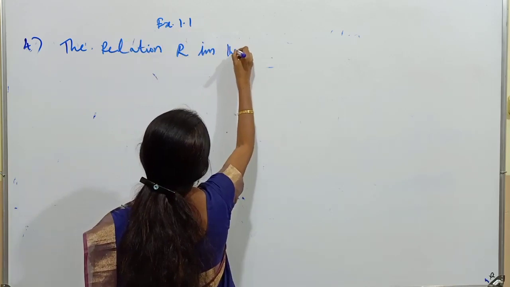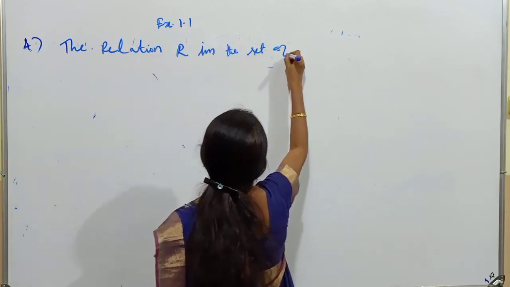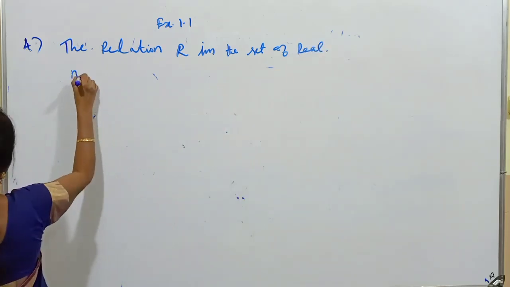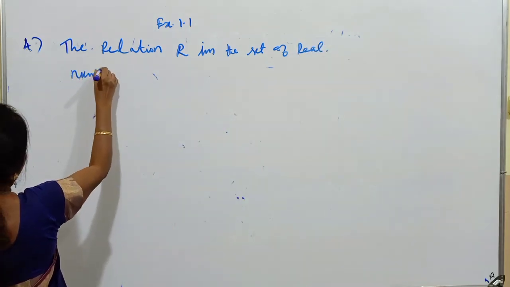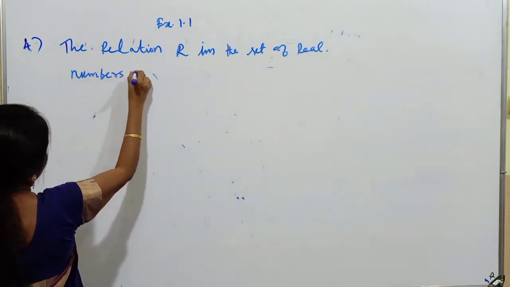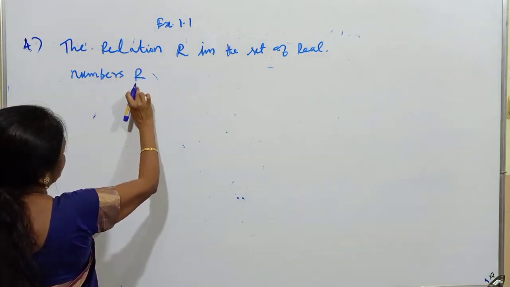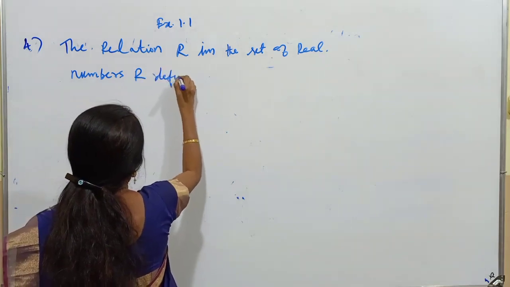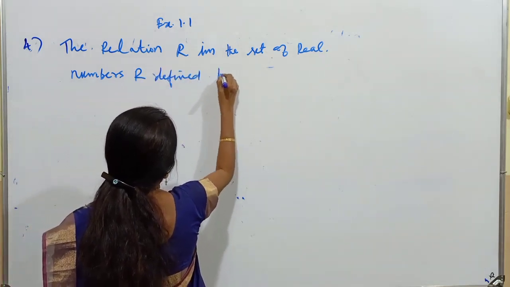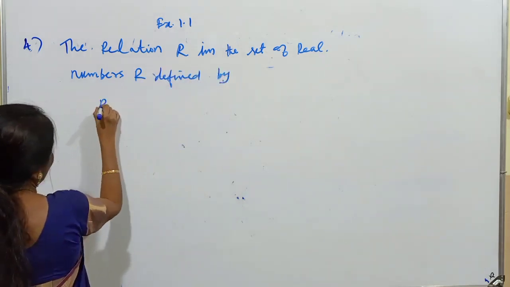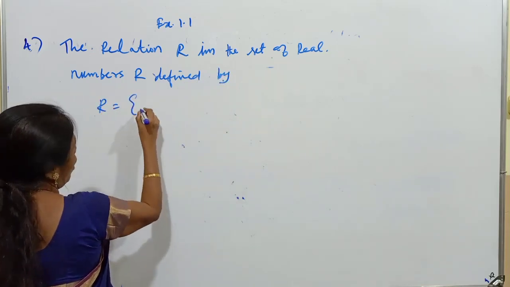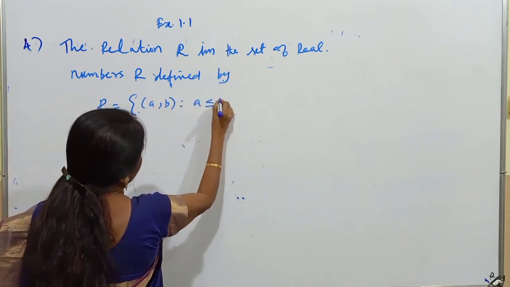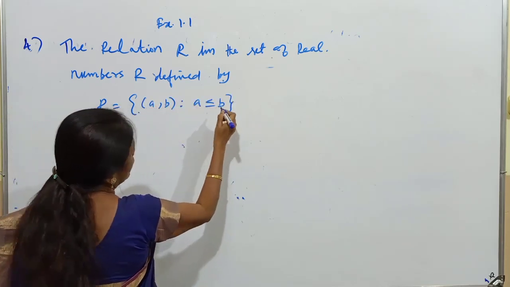In the set of real numbers, this is R, the set of real numbers, and this is the relation R defined by R equal to {(a, b) such that a is less than or equal to b}.